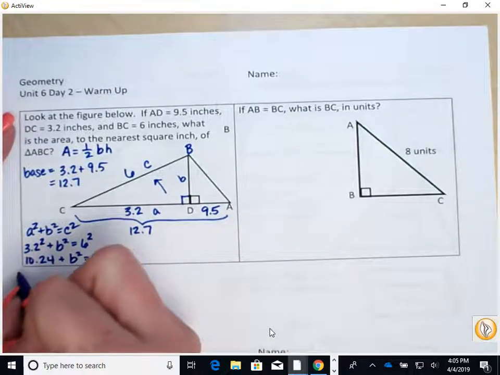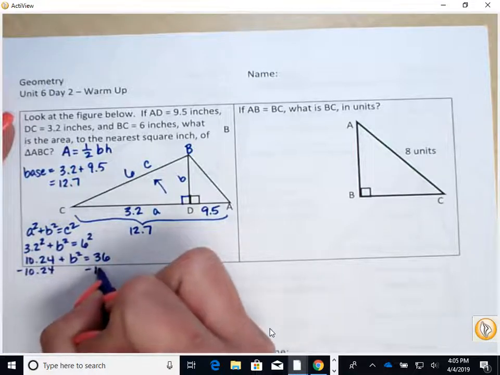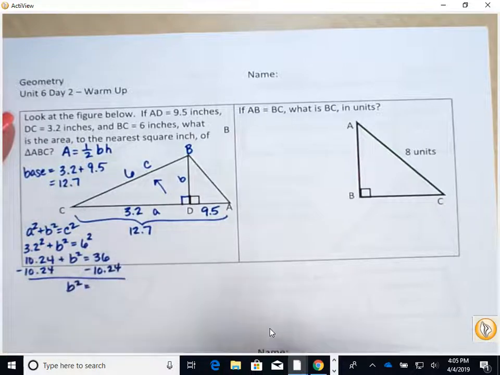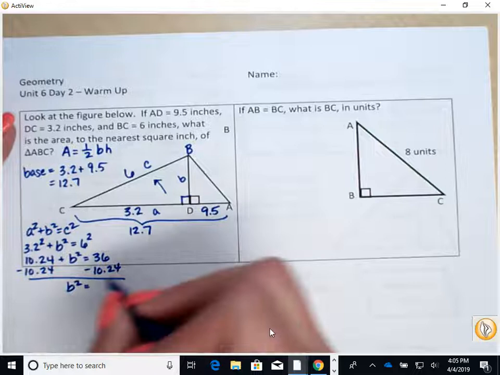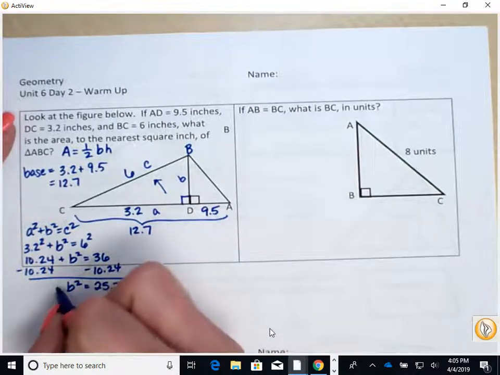And then to get that B squared by itself, we're going to have to subtract 10.24 from both sides. And I get 25.76. And then last but not least, take the square root of both sides.